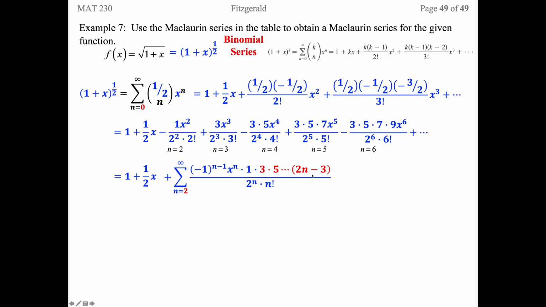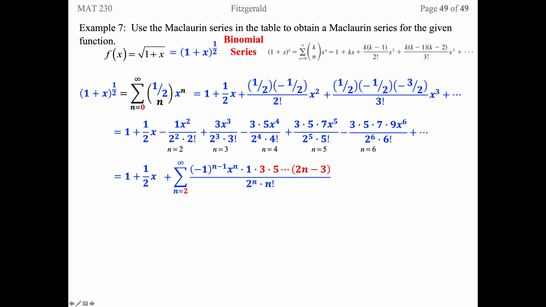And now what we've got to do is work with this 3, the 5, the 7, and that's going to be my sequence of odd numbers. So now when n is 6, I need to make a 9 here. So 2 times 6 is 12 minus 3 is 9.